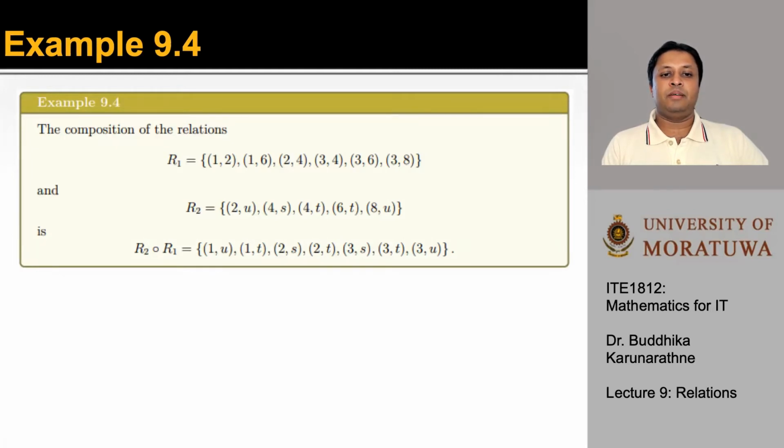When you have (1, 2) and (2, U), it represents (1, U) in the composition relation. (1, 6) and (6, T), for example, denotes (1, T). (2, 4) and (4, T) gives you (2, T), and so on. So it defines the elements of the composition relation.